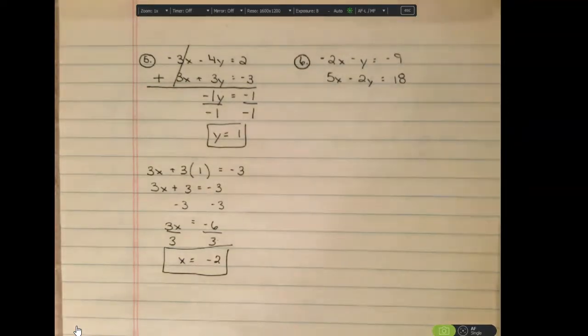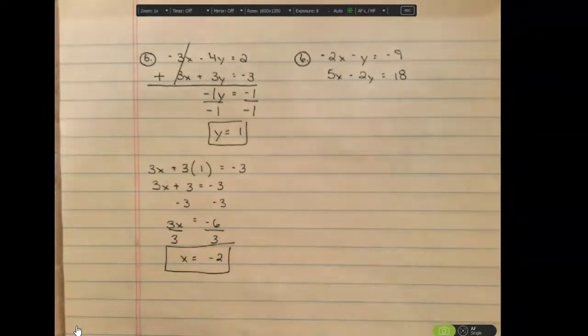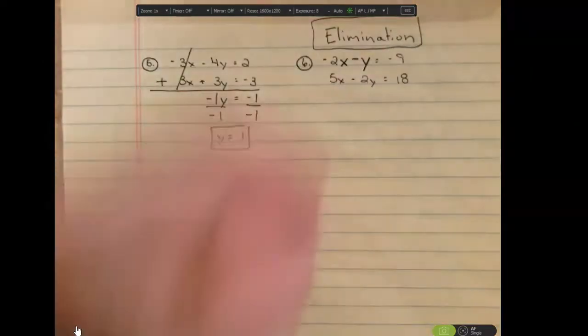We're going to do something a little different on number 6. For class today, I'm going to find out who's watching these videos and who's not. On number 6, I want you to solve this problem using elimination. Your problem is negative 2x minus y equals negative 9.